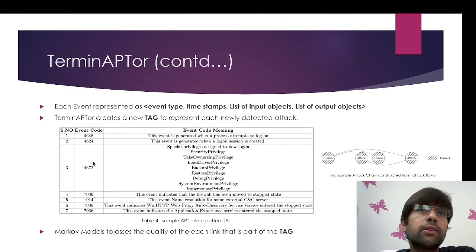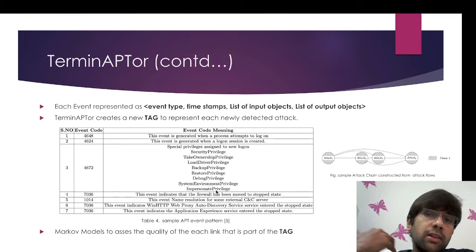After creating a successful login session, it will try to escalate a series of privileges. 4672 indicates the privilege escalation. We have seen security privilege, ownership privilege, driver privilege, backup privilege, restore privilege, system environment privilege, and impersonate privilege.